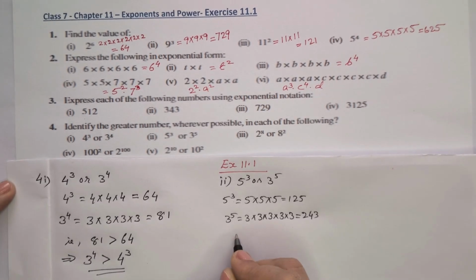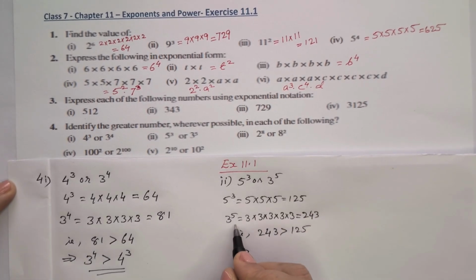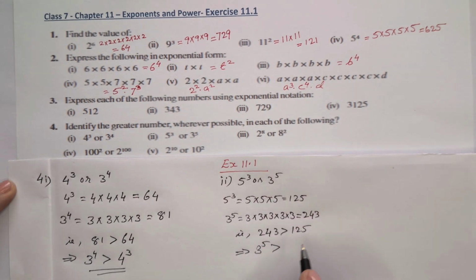Here we can see 243 is greater than 125. That means 3 raised to 5 is greater than 5 cube.